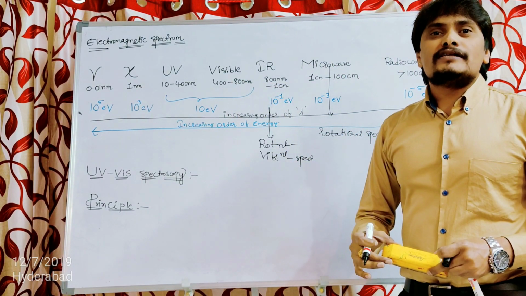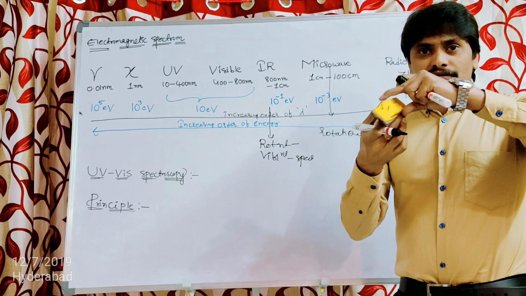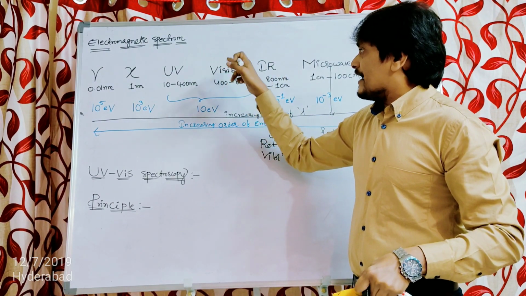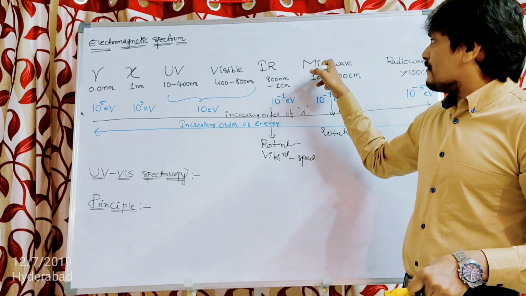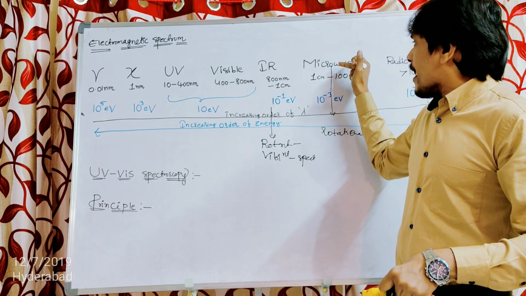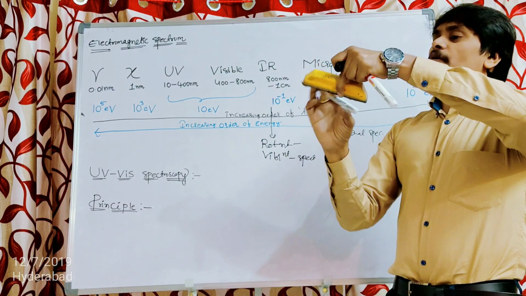what happens, students? Rotational changes take place, because the UV visible radiations should cross the microwave radiation and the IR radiation. Whenever it is crossing the microwave radiation, the rotation of the molecule takes place.